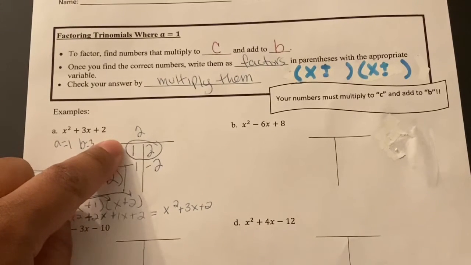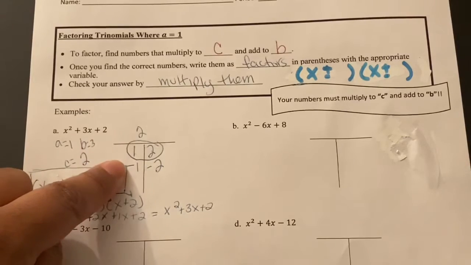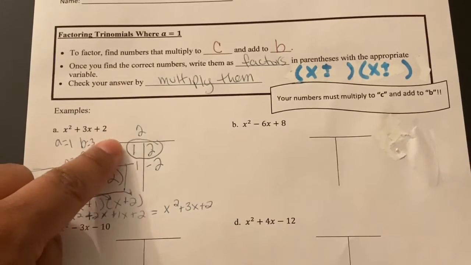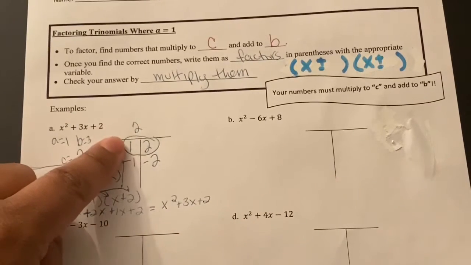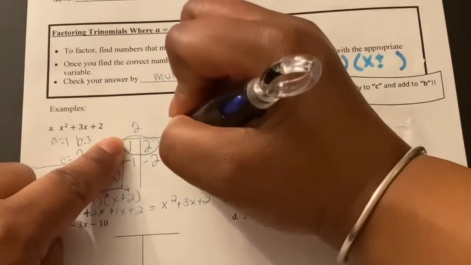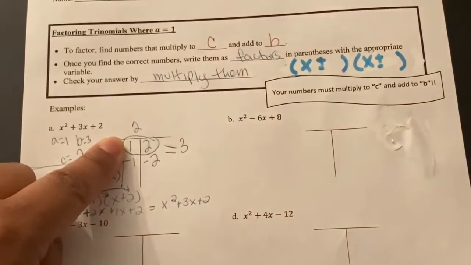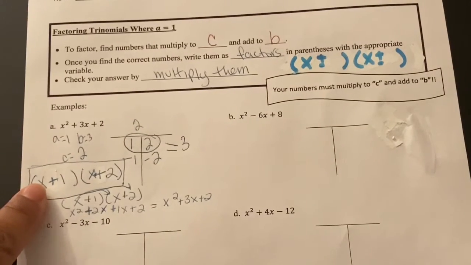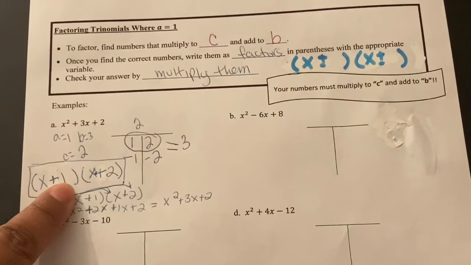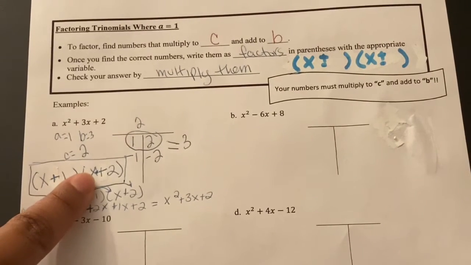My factors of 2 are 1 and 2, and negative 1 and negative 2, because 2 is positive, so it can either be 2 positives or 2 negatives. Okay. Now, the factors of positive 2 that add to make 3 are 1 and 2. So I'm going to write them in parentheses as x plus 1, because it's positive 1, and x plus 2.